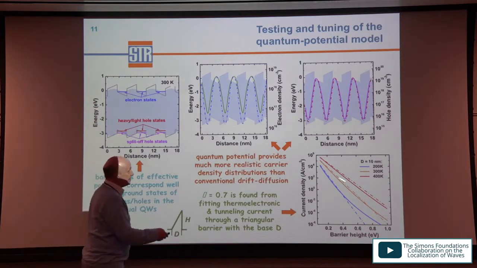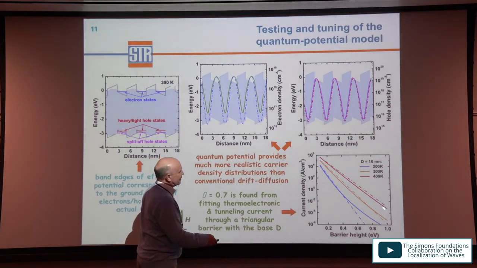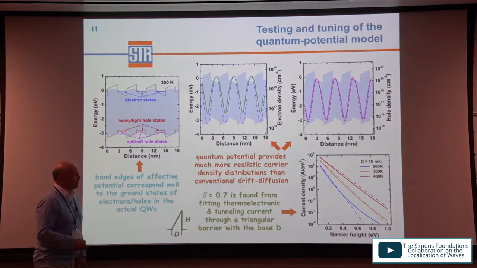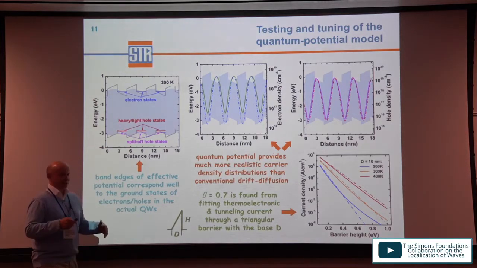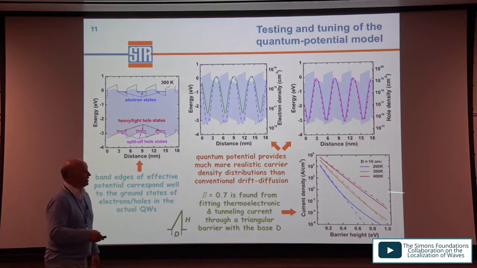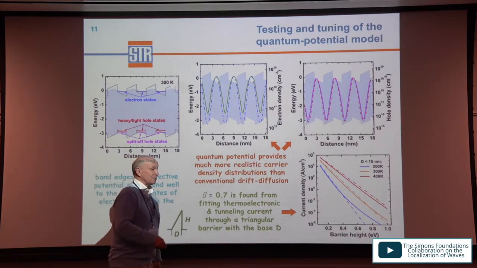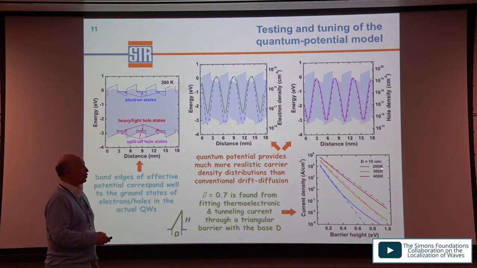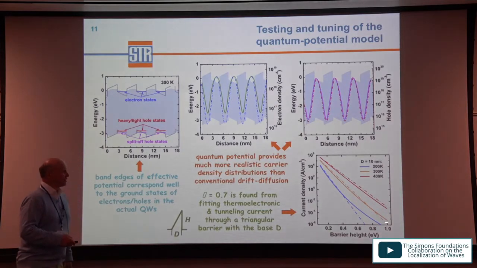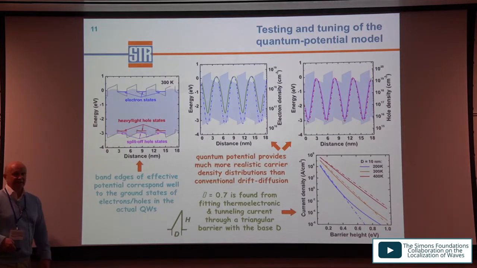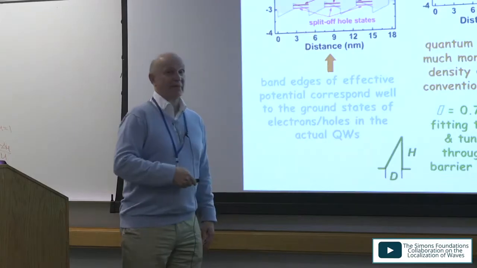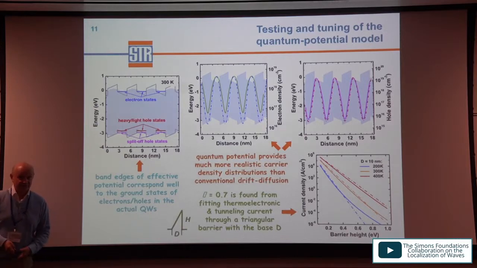And here you can see the comparison of the direct simulation of the tunneling through such a barrier plus thermionic current, and the results obtained by effective potential. So you can see that if we don't consider low temperatures and if we don't consider very high barriers, there is a good correspondence, and this corresponds to the gamma factor equal to 0.7.